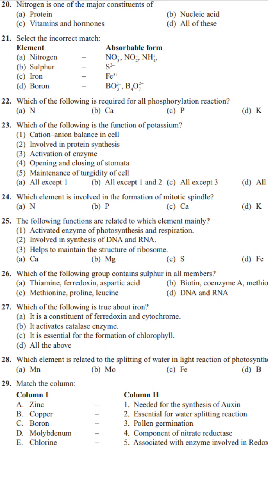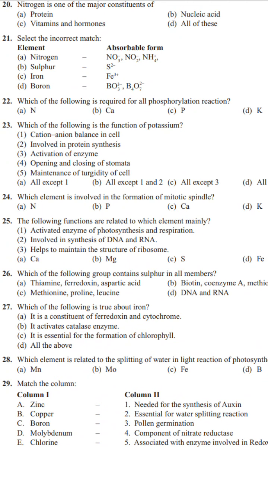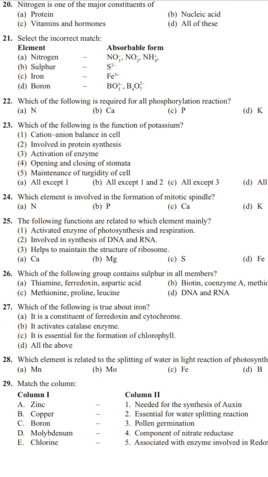In plants, it is required in more abundant quantities in the meristematic tissues, buds, leaves and root tips. Potassium helps to maintain anion and cation balance in cells and is involved in protein synthesis, opening and closing of stomata, activation of enzymes, and maintenance of turgidity of cells. So all the above are correct. Hope you understood. Now let's go to the next question.